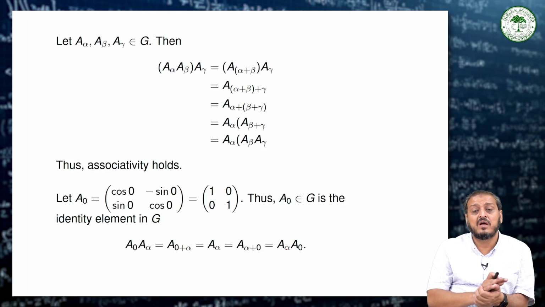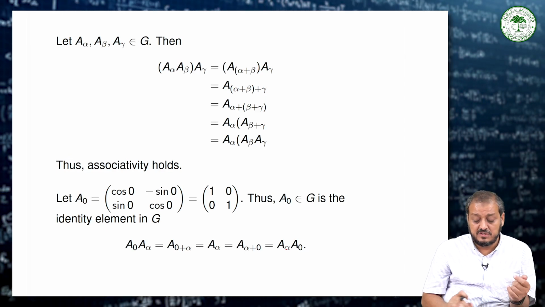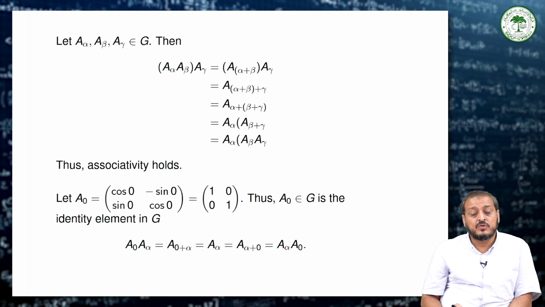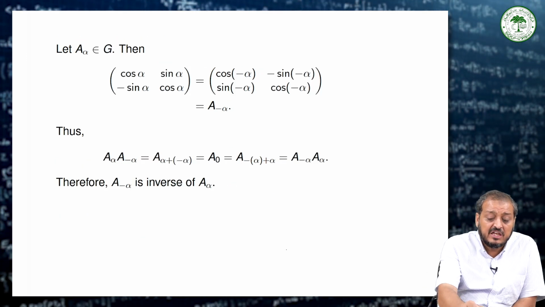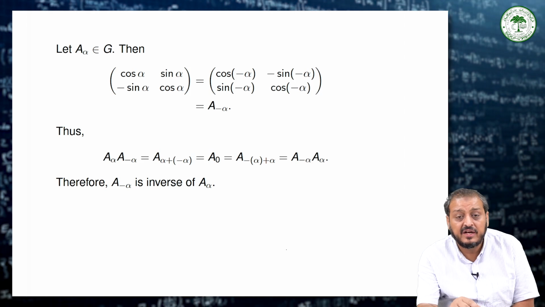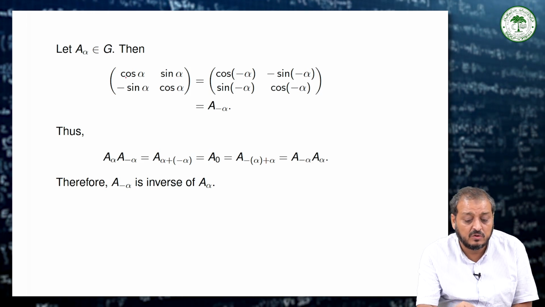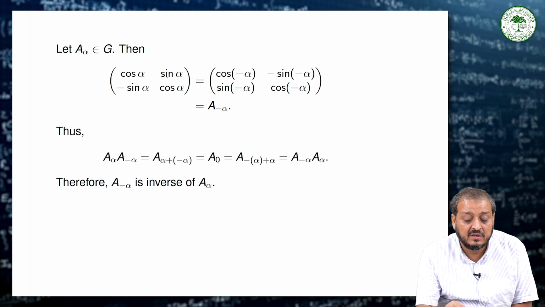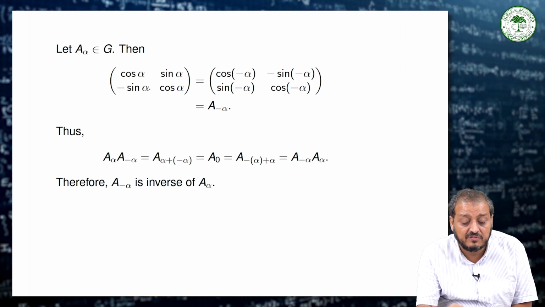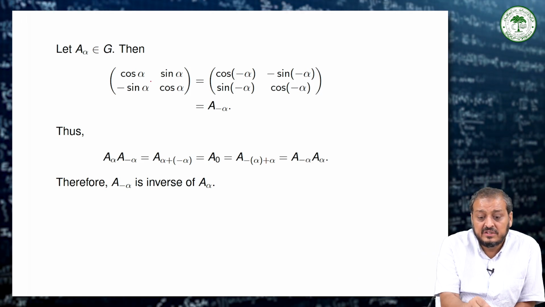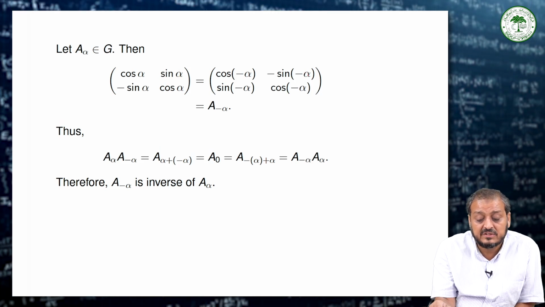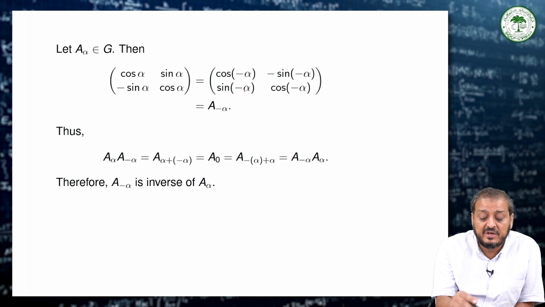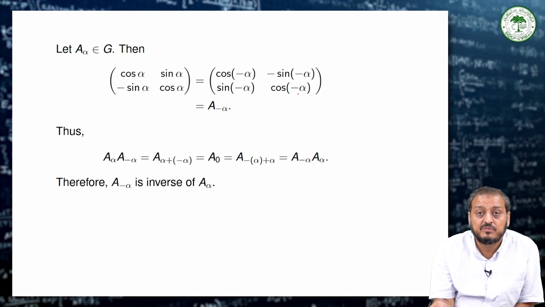Now we have to find the existence of the inverse. Let A alpha be an element of G. I write it in the form cos alpha, sin alpha, minus sin alpha, cos alpha, such a matrix. This can be written in the form of cos of minus alpha, minus sin of minus alpha, sin of minus alpha, and cos of minus alpha.